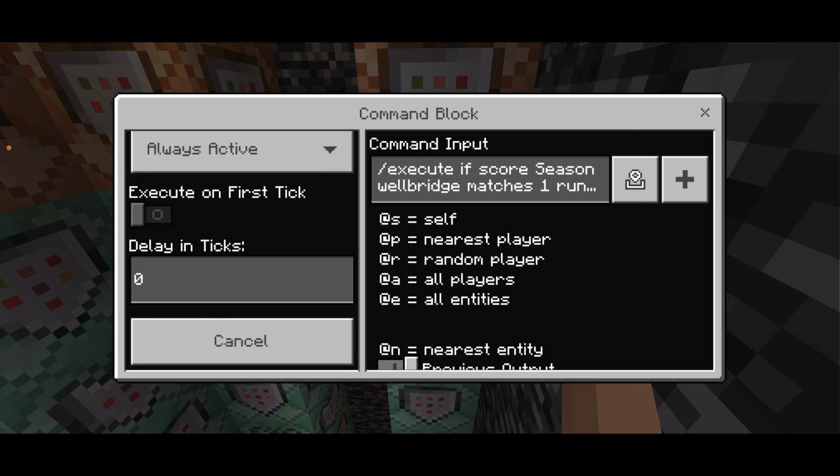And I'm just going to write that for command block 1, 3, 5, and 7. That is chain, unconditional, and always active.